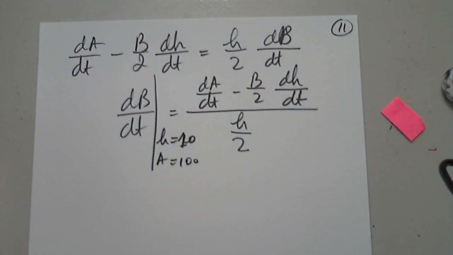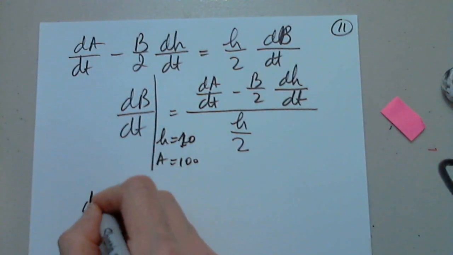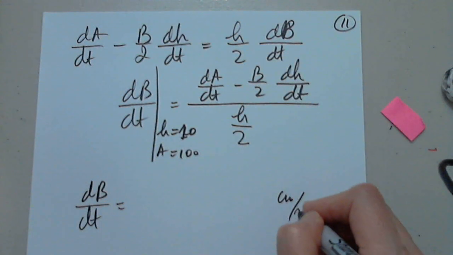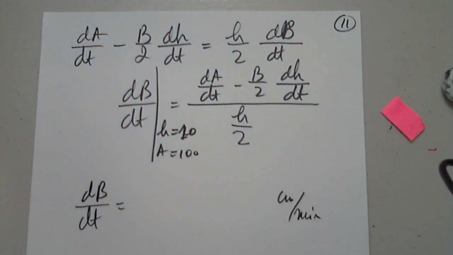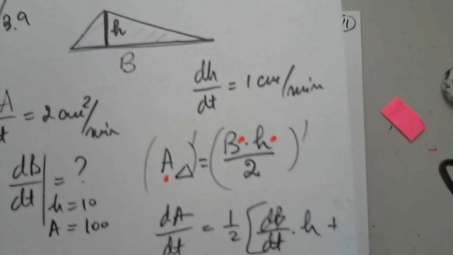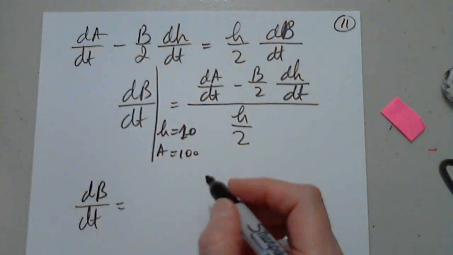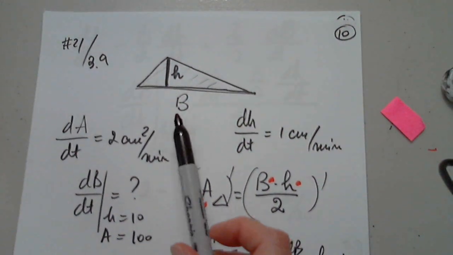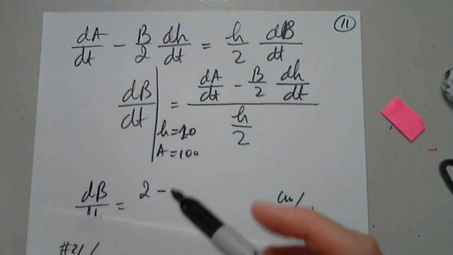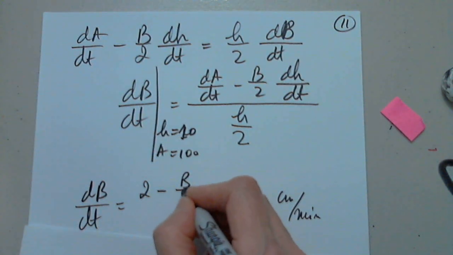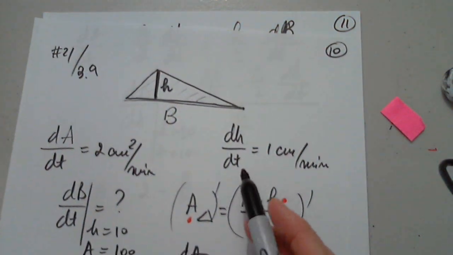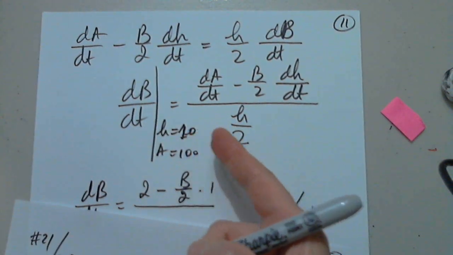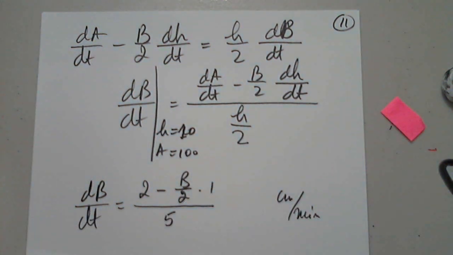So we're plugging it in now. dB over dt, and this will be in centimeters per minute, is dA over dt, which is 2, minus b, which has to be determined, so I'm going to just write b over 2 for now, times dh over dt, 1, over h over 2, which is 10 divided by 2, which is 5.